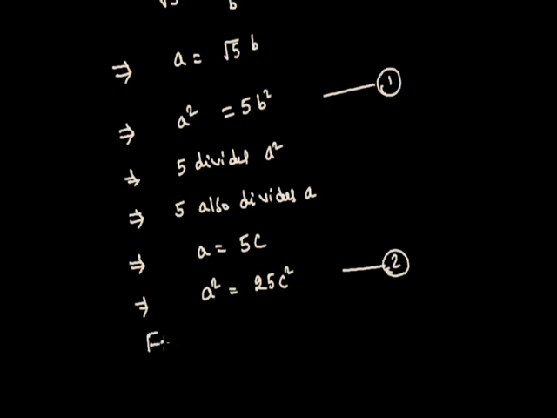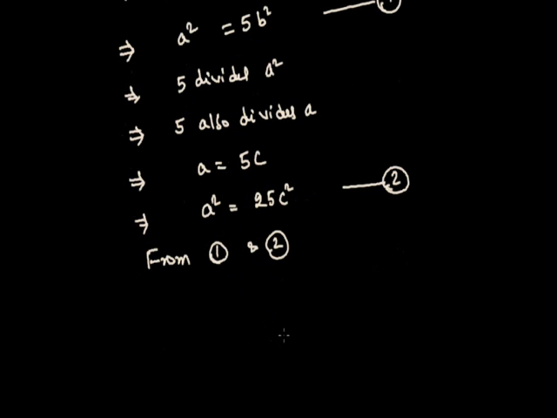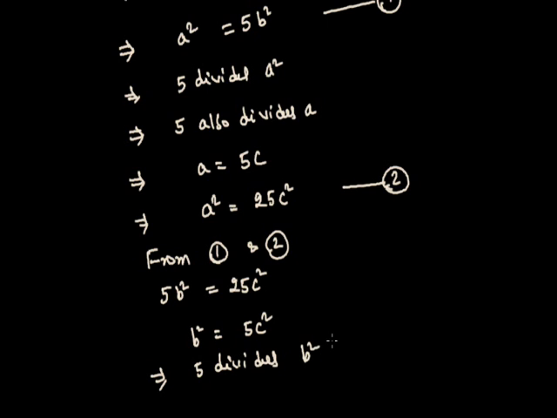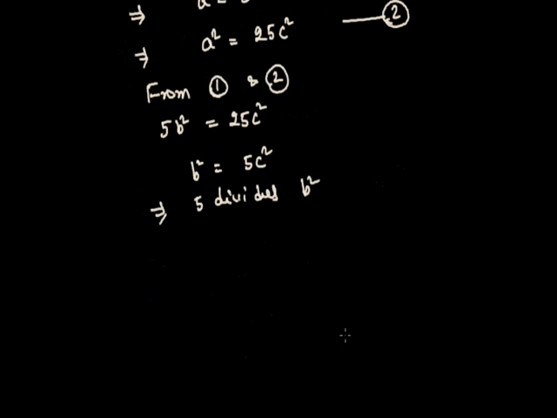So from first and second, we can say that 5b square equals 25c square, or b square equals 5c square. So 5 divides b square.